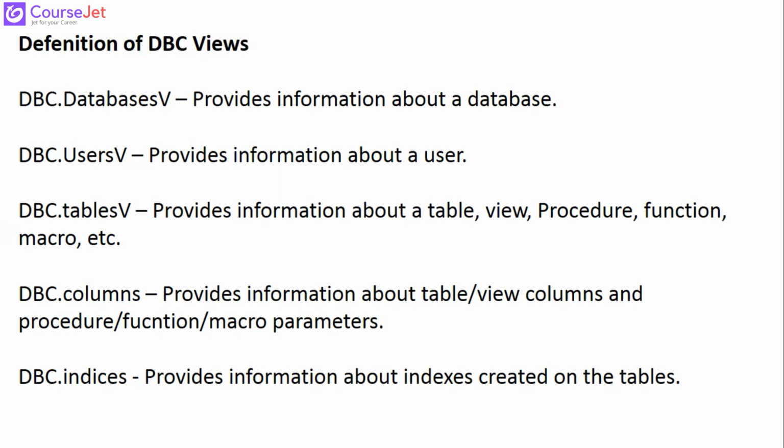DBC.users will give you all the information about the user, like the username, what profile is given to the user, how much spool space the user is provided, and when it was created.